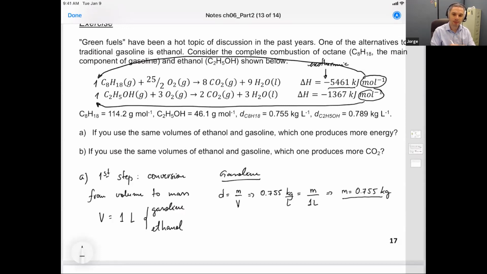And let's do the same thing for ethanol. Density is equal to mass over volume. Now we are looking at ethanol. Density is 0.789 kilograms per liter. We need to know the mass in 1 liter. Therefore, the mass of ethanol in 1 liter is 0.789 kilograms.